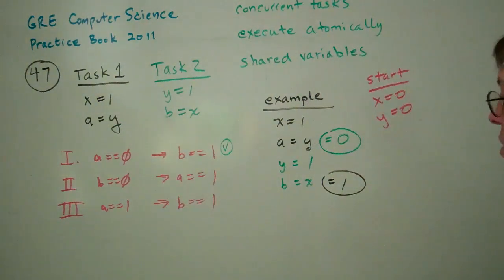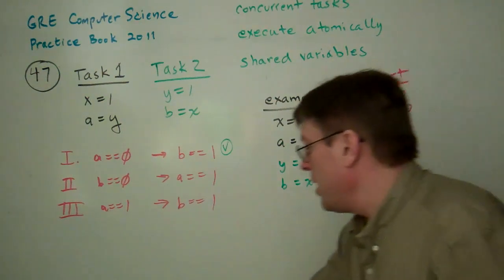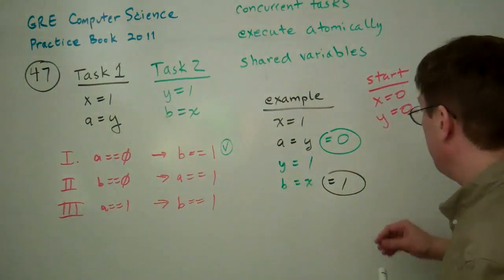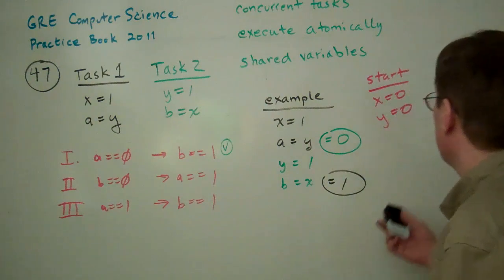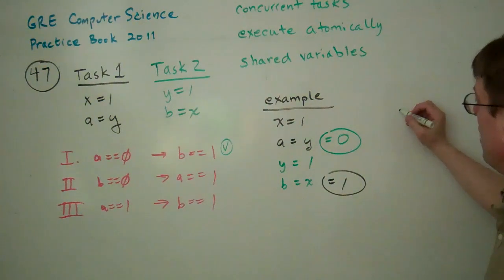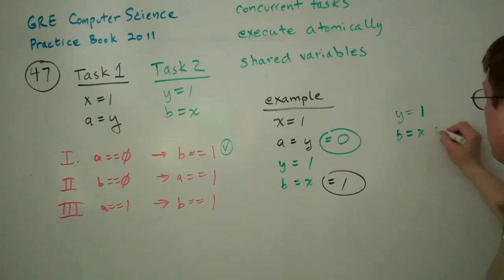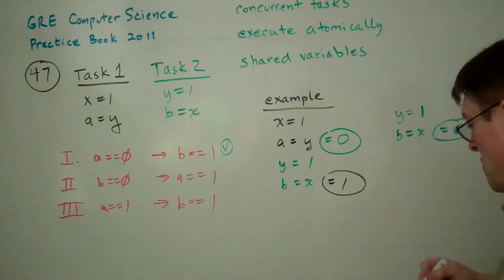The same reasoning would apply if b is 0 and a is 1. If for some reason this process was reversed, imagine that we had y equals 1 and then b equals x, which would be 0.